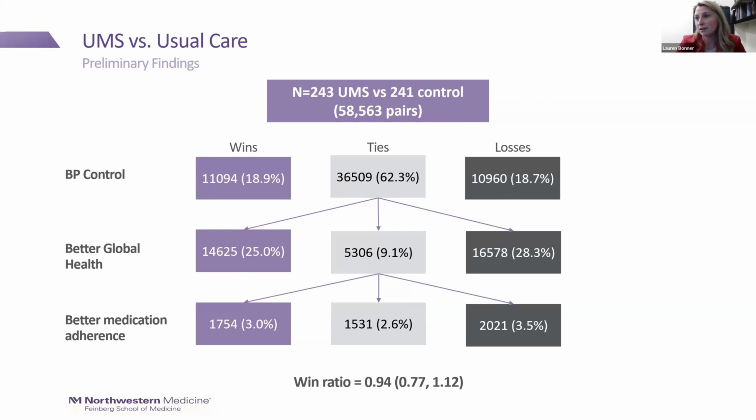So, if you're designing the next trial, how do we pre-specify our win ratio algorithm? And so I think doing some exploration with some existing trial data is a good way to set the stage for that.